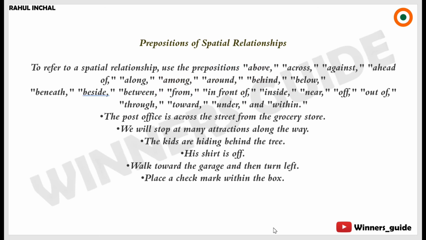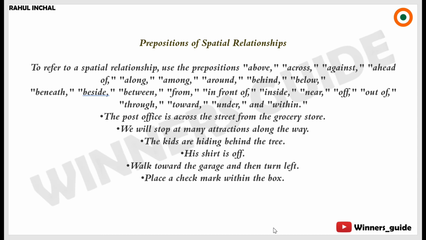Okay, now last but not the least, prepositions of spatial relationships. To refer to spatial relationships, use the prepositions above, across, against, ahead of, along, among, around, behind, below, beneath, beside, between, from, in front of, inside, near, off, out of, through, toward, under, and within.